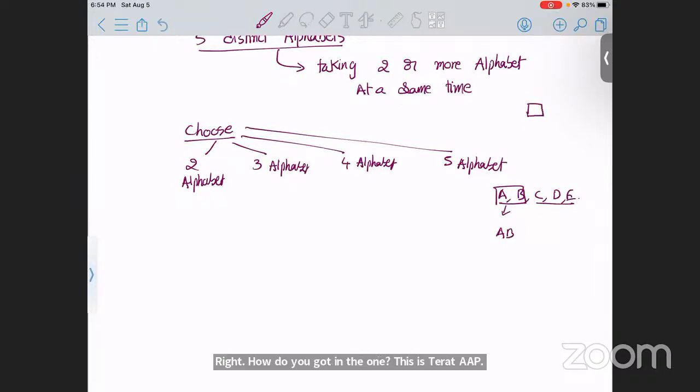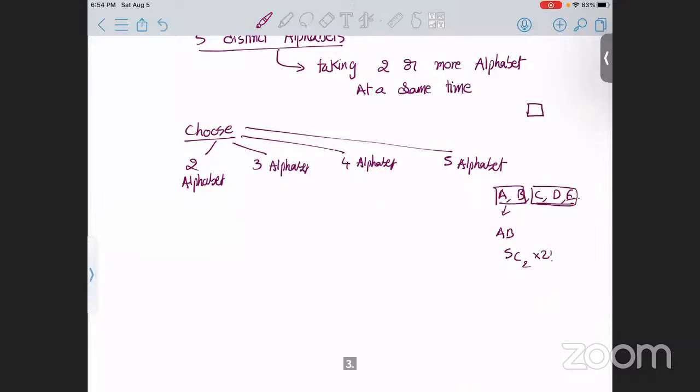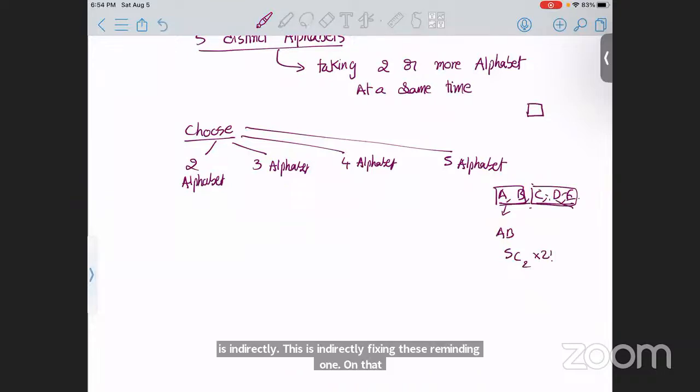What is the selection of A, B? 5C2. Agree? And arrange these 2, and fix the other 3. You are fixing 3 and indirectly arranging only these 2. Are you getting the point?